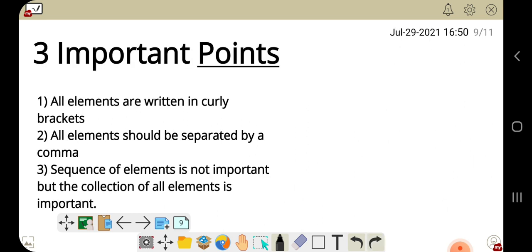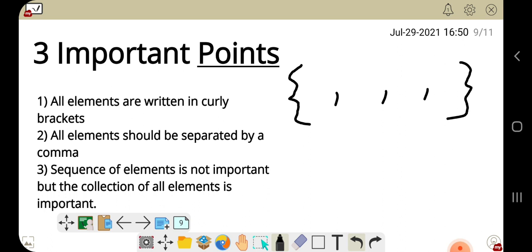Now 3 points you have to remember here. The first is all elements are written in curly brackets. Okay, curly bracket, I just have shown you that if you write a bracket in this way, this bracket is called as curly bracket. All elements should be separated by a comma. In between each element, every element, you have to give a comma.